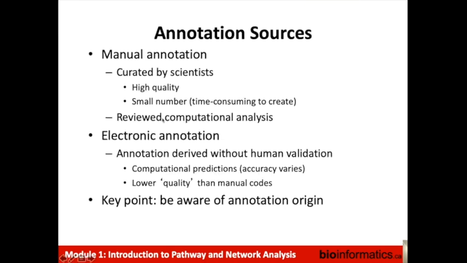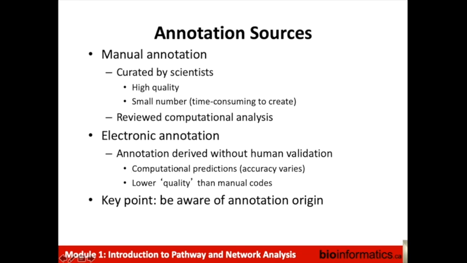As I mentioned, there are two major sources of annotation: manual, which are curated by scientists, and these are very high quality, although they're time-consuming to create, so there are relatively fewer of them. Another type of manual annotation are computational analysis methods, which generate a lot of annotation automatically, but then the results are reviewed by people and filtered to just keep the ones that make sense. Electronic annotation is generally annotation derived without human validation.